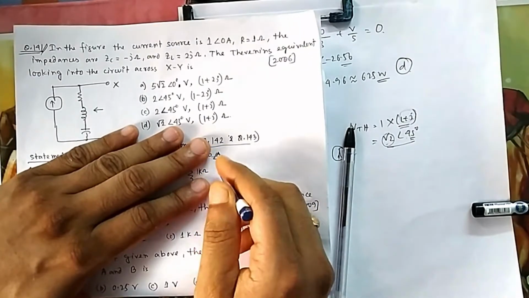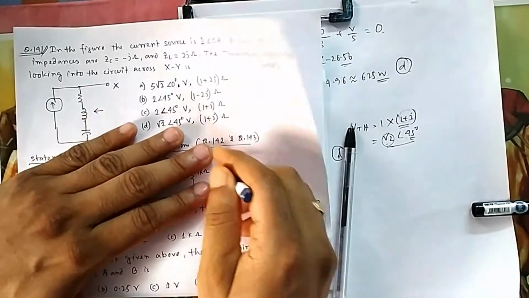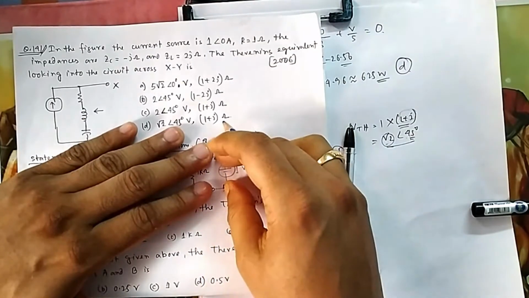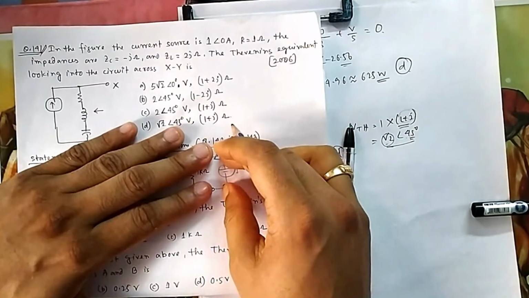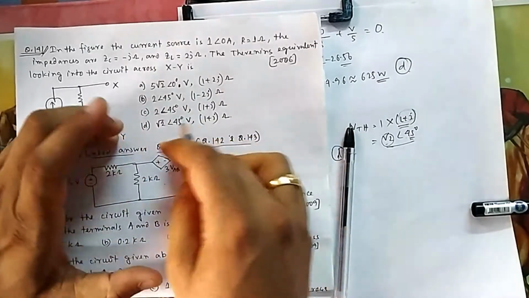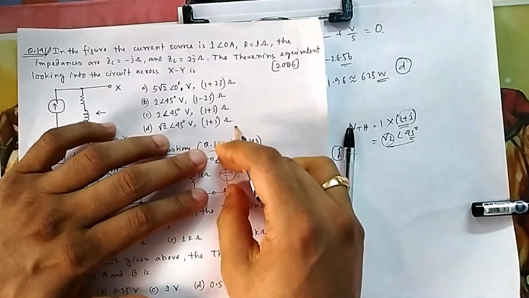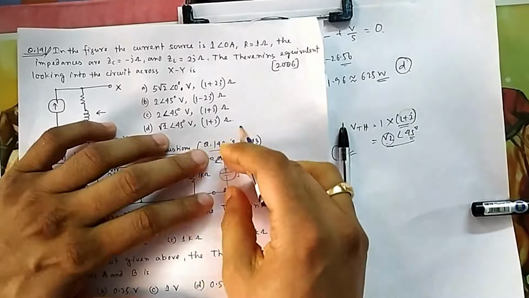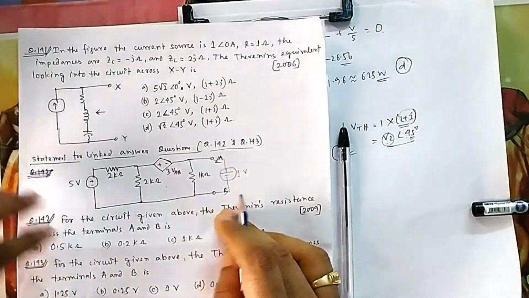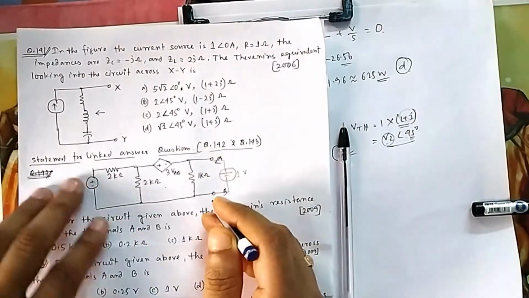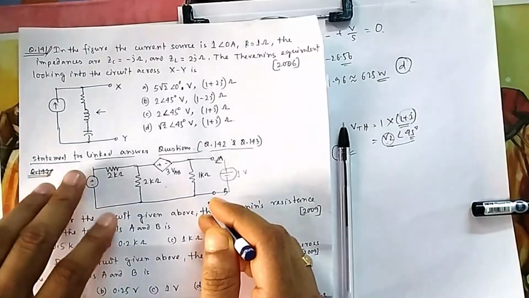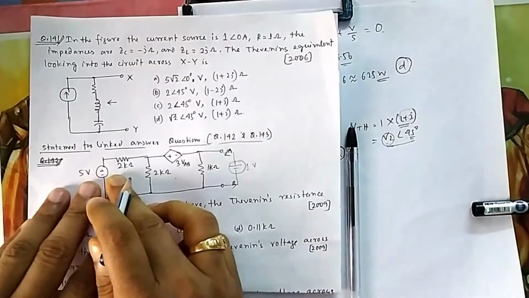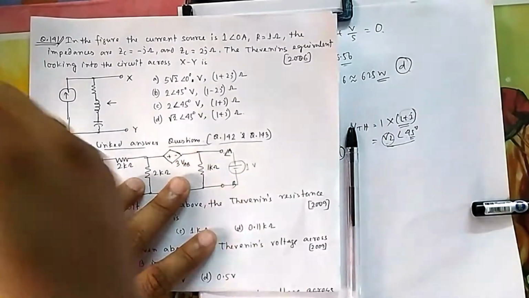Then you know the resistance, V by I. Suppose at 1 volt it is taking 2 ampere current, so what will be the total resistance here? 1 by 2, 0.5. That's why it is taking this much current. So that is the idea: you give 1 volt, see how much current it is taking, obviously killing all other independent sources, not dependent sources, you can't kill those.